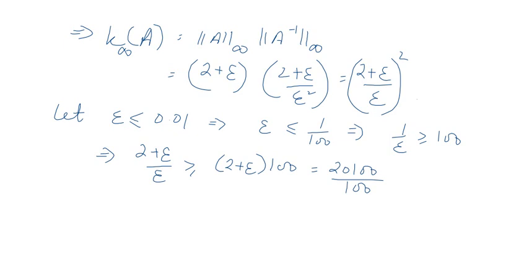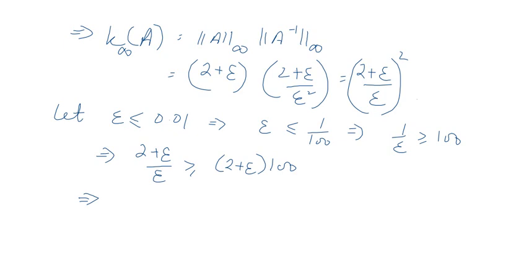So 2 plus epsilon by epsilon whole square is greater than or equal to 2 plus epsilon whole square times 100.